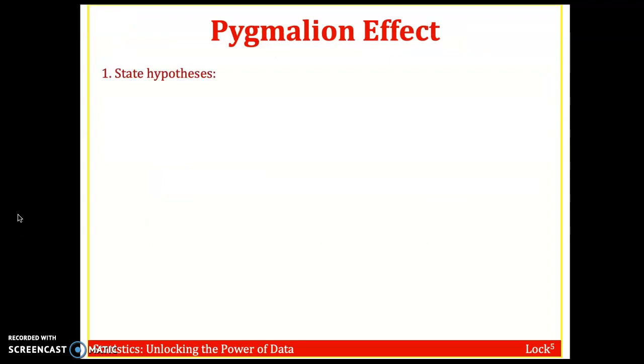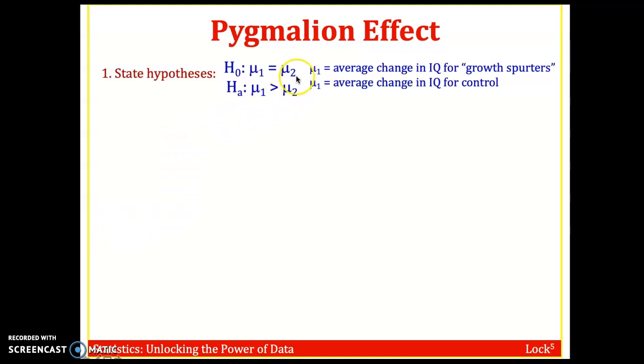All right, so what if we take this down one by one? What are the hypotheses? We're going to always assume the two population means are equal. And here in this case, mu1 is equal to the average change in IQ for the growth spurters.